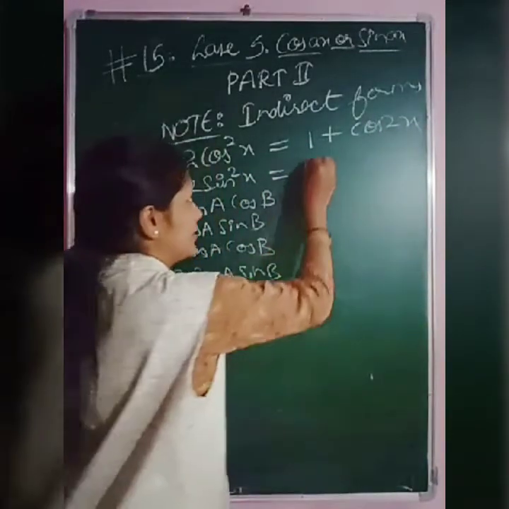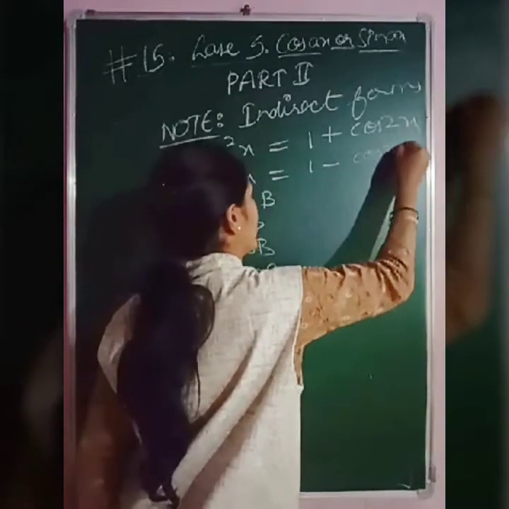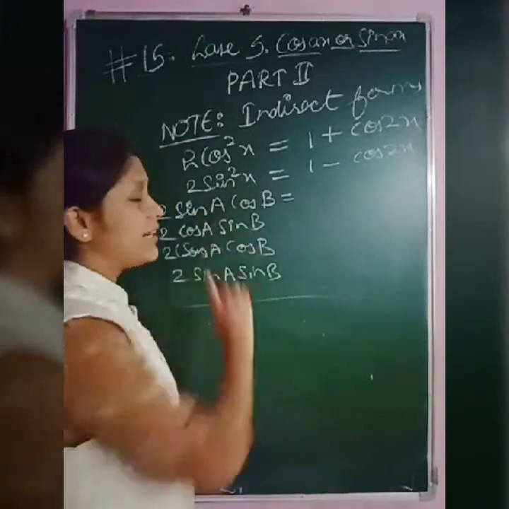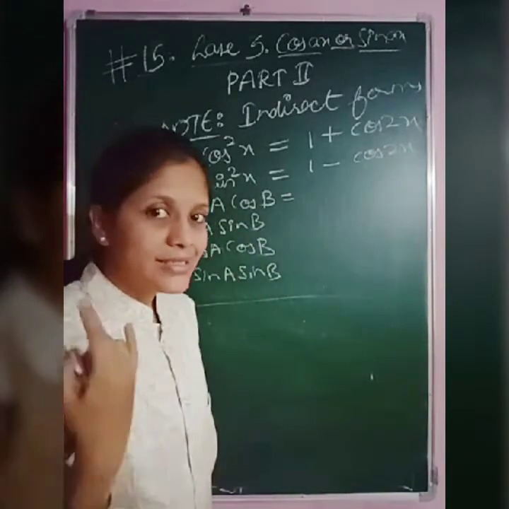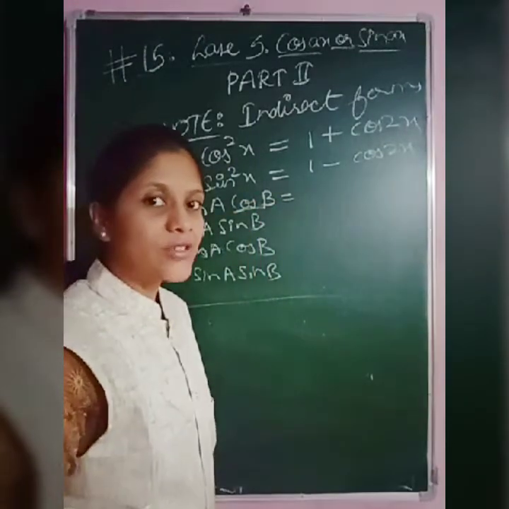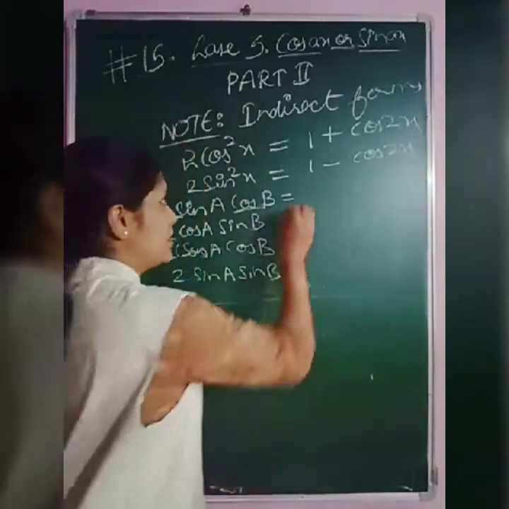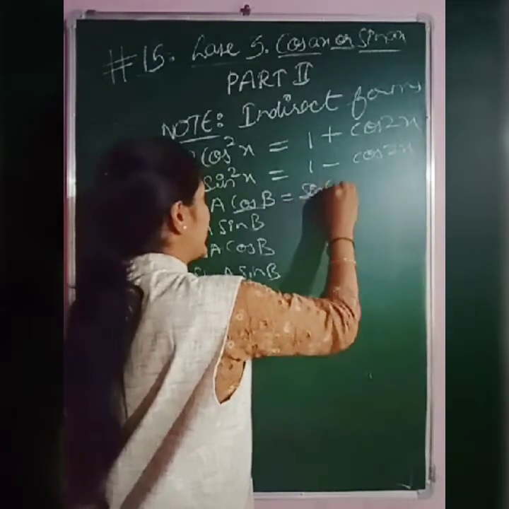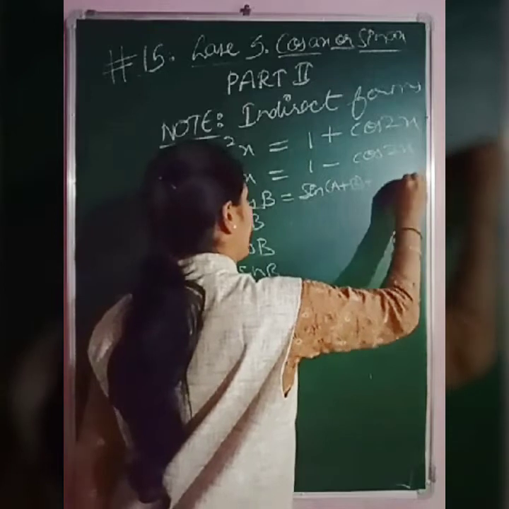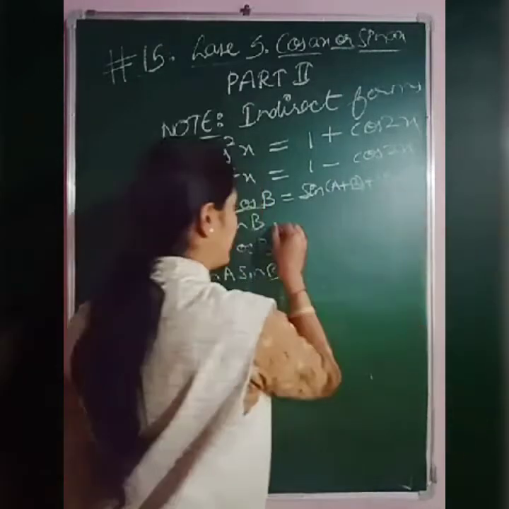It is nothing but 1 minus cos 2x. What is 2 sin A cos B? Sin and cos, so the answer is in sin form, and the last part is cos, so it comes with plus. So it is sin(A plus B) plus sin(A minus B), right?